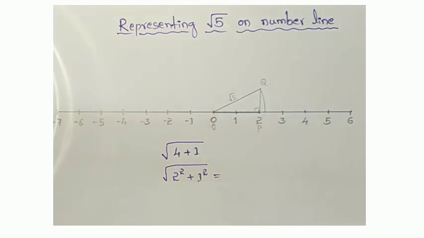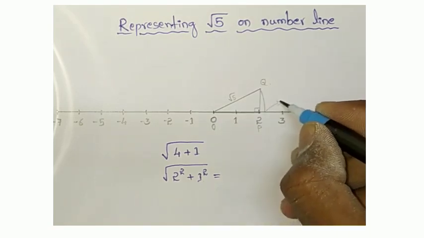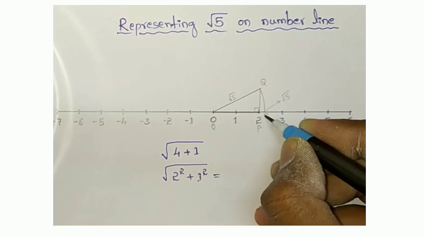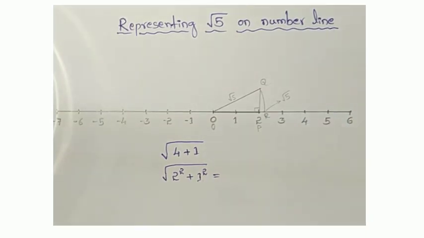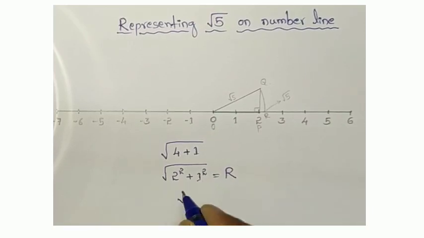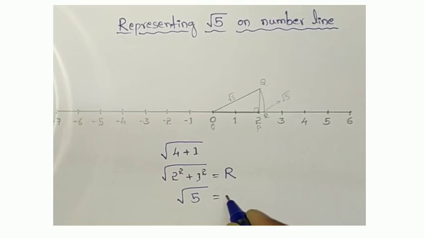Here it will cut. So this will be our root 5 value. Give it as point R. So our point R is our root 5. 2 square means 4, 4 plus 1 is 5. So at R we got root 5. This is our answer.